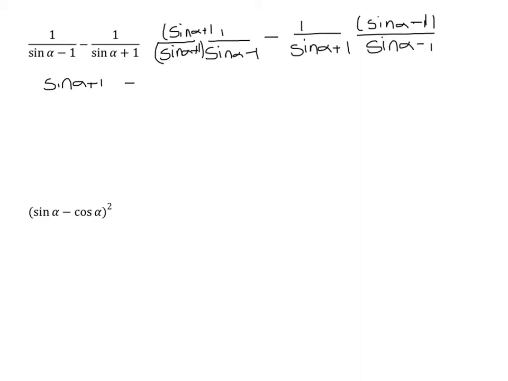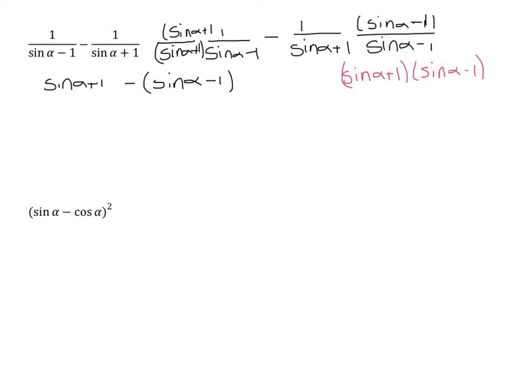The other numerator, I'm going to put parentheses because it's minus this whole thing. That numerator becomes sine of alpha minus 1. Multiplying the denominators is going to be a little bit trickier, so I'll do that off to the side here. And I'll FOIL.